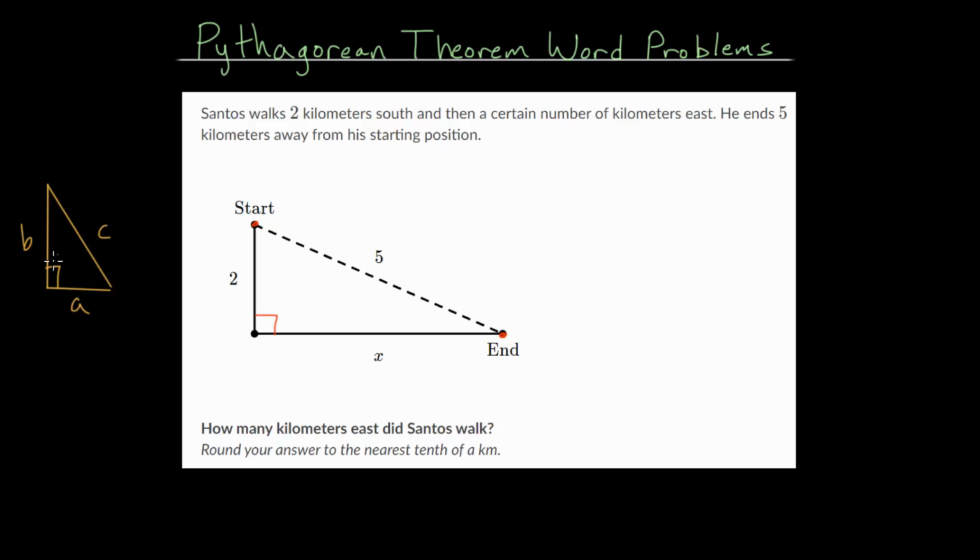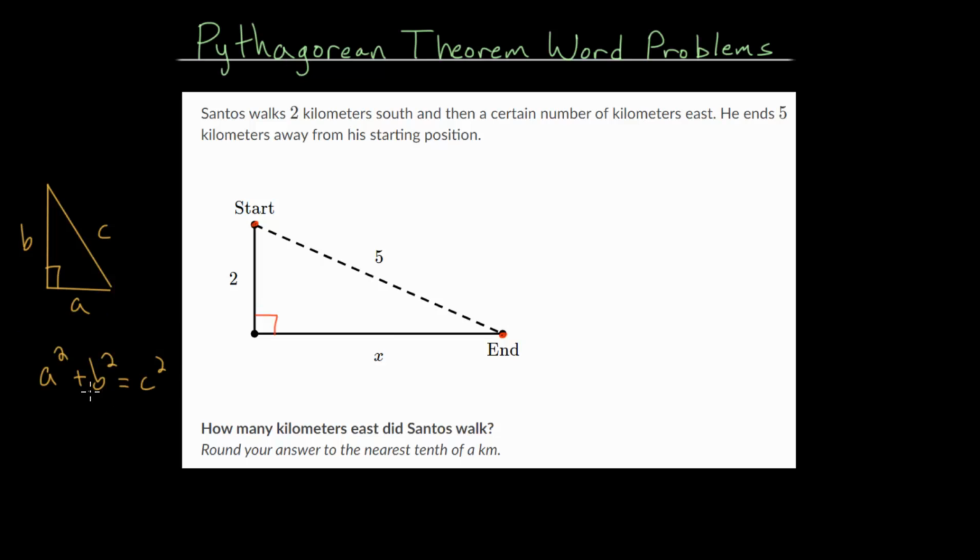Then the Pythagorean theorem, the relationship between these sides is that a squared plus b squared is equal to c squared. So we square each of the sides, we add them together, and they're equal to the hypotenuse, which we call c squared. Remember, the hypotenuse, that's the long side that is opposite our right angle.